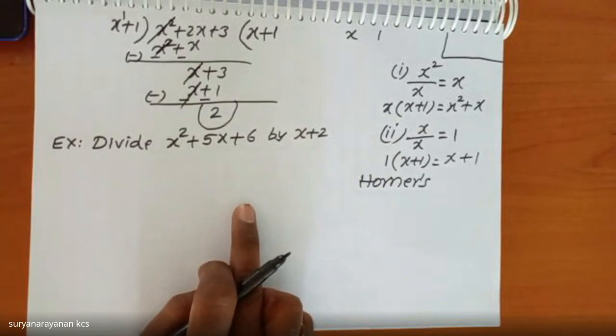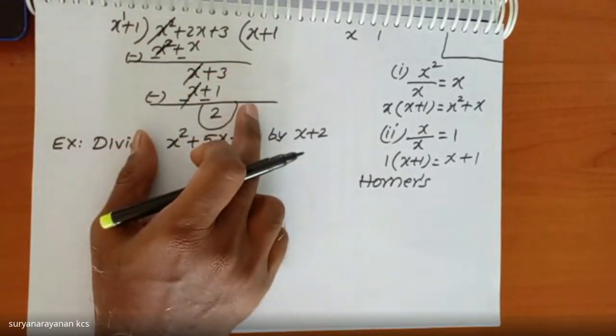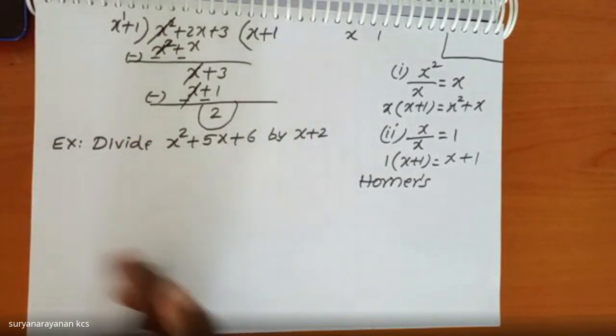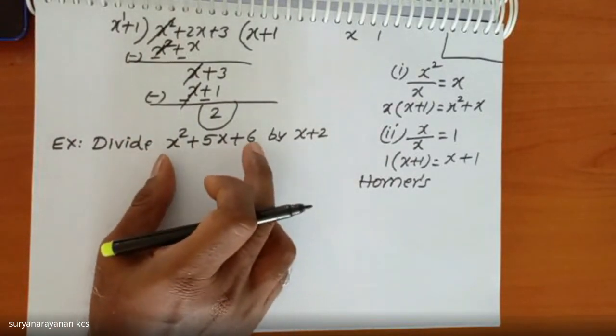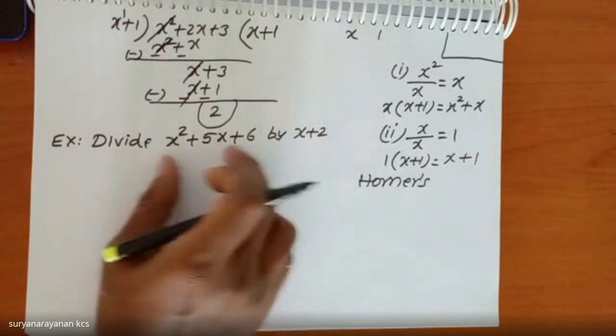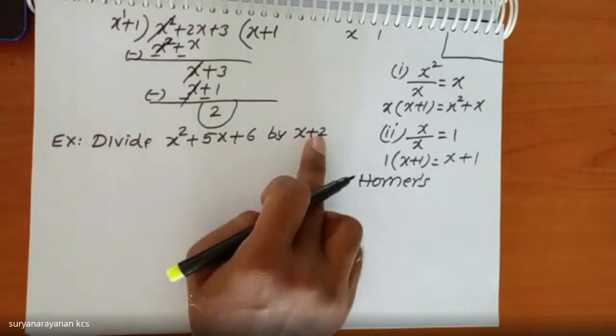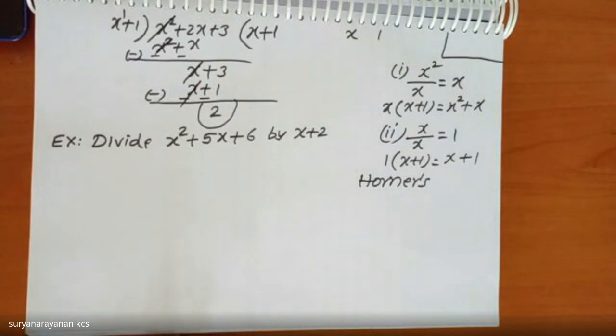Now let us see in this long division what remainder we are getting. First of all, as I told you previously also, we have to check whether the divisor and the dividend are in the standard form or not. Are these two polynomials in the standard form? Yes, sir. If it is not in the standard form, we can change it, sir.